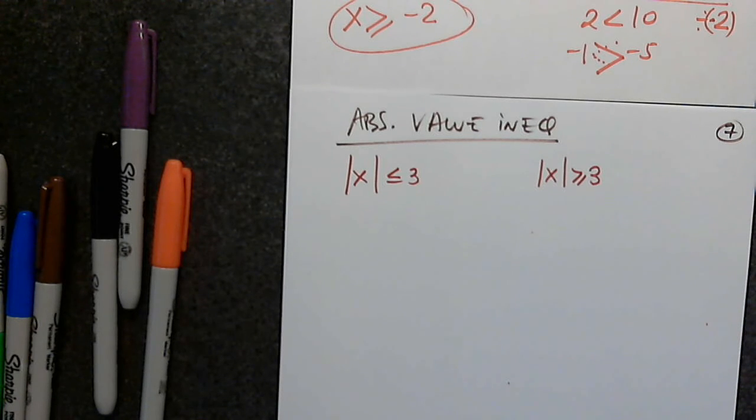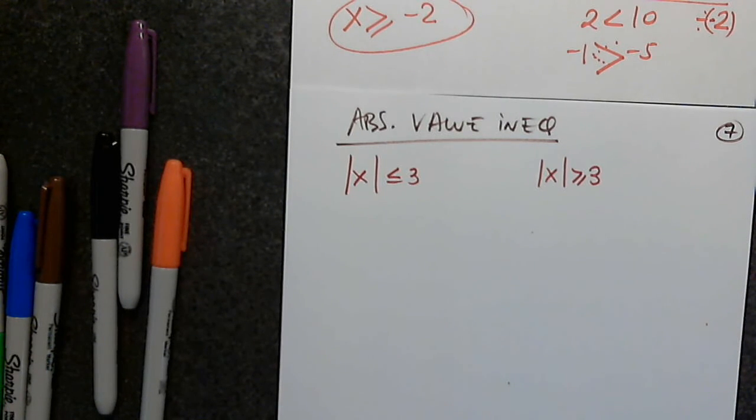Let me tell you what the first one is telling me. By the way, what is the absolute value of x? What does it mean? The absolute value of x is the distance from 0, between x and 0. So here's what the first inequality is telling me.